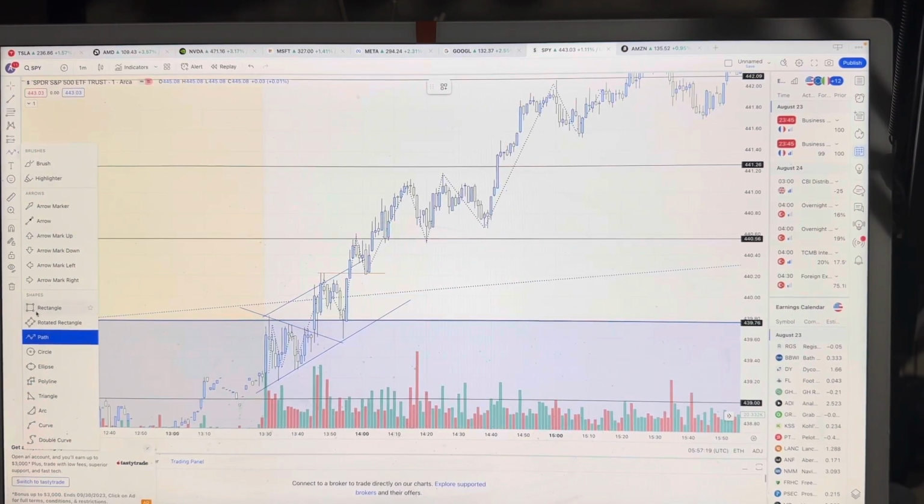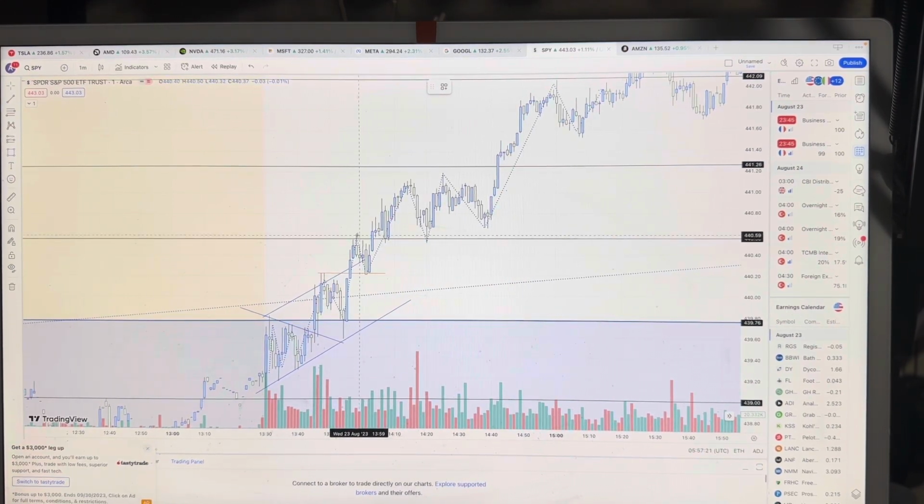So let me just draw a little rectangle so you guys can see. That would be my stop loss for there. This is my stop loss right here. And let's do this one. This was a bigger jump.